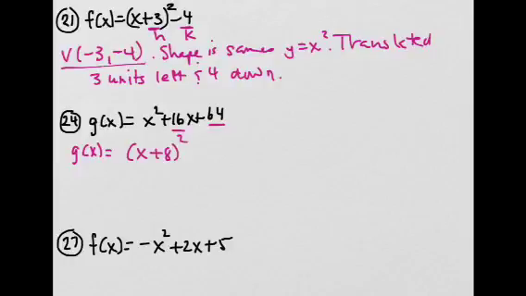So when you factor this quadratic, you end up with this. So knowing that, h is -8 and k is 0. So the vertex would be -8, 0.